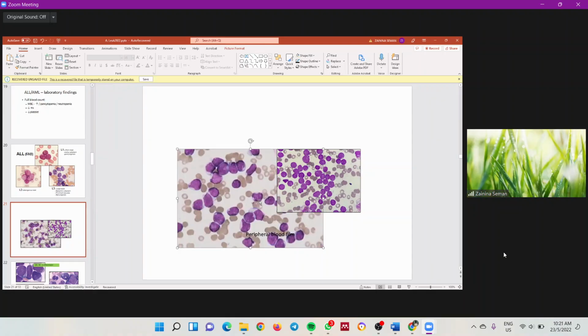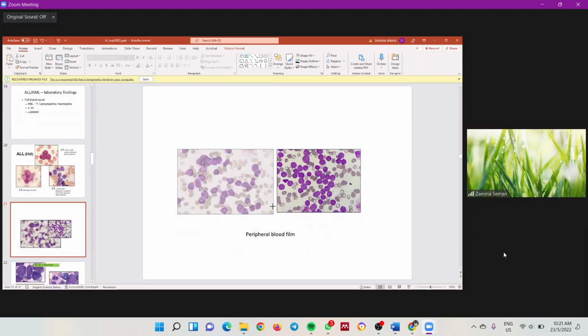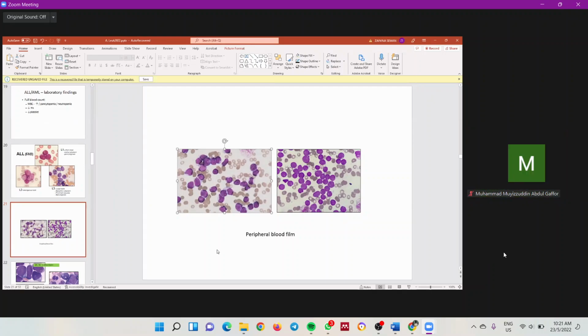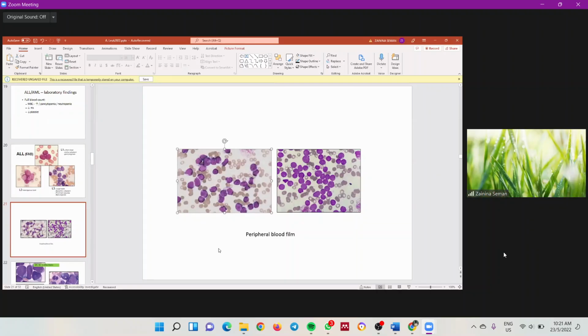Inside the nucleus, they have these small tiny things. This is what we call nucleoli. This nucleoli signifies the immaturity of the cells. Whereas in a mature lymphocyte, you don't have this small nucleolus inside the nucleus. So these are the two major things for differentiating between lymphoblast and lymphocyte.